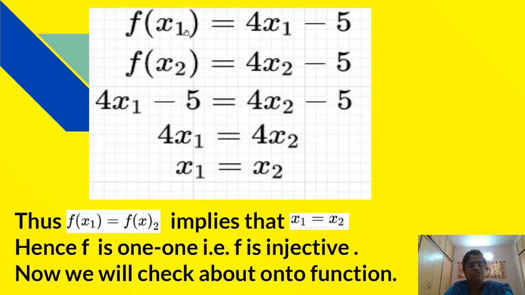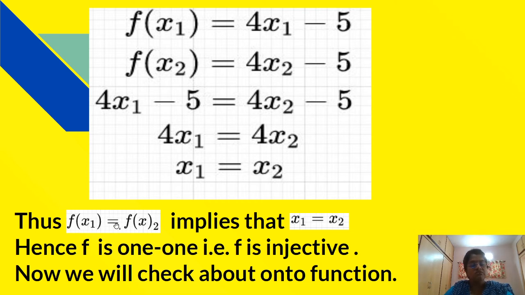We have f(x1) = 4x1 - 5 and f(x2) = 4x2 - 5. As f(x1) = f(x2), we have 4x1 - 5 = 4x2 - 5. Cancelling -5 on both sides, 4x1 = 4x2. Cancelling 4 on both sides, we will get x1 = x2.